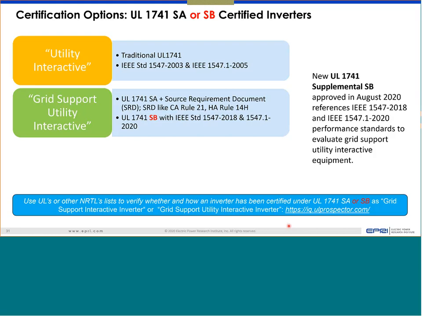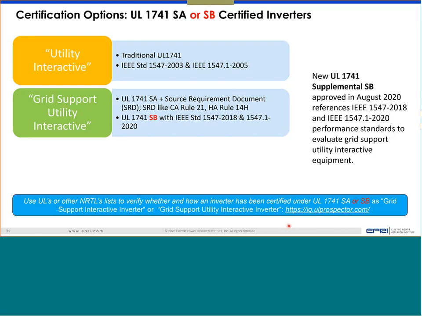And the way you have to use the 1741 SA is that you always have to specify which requirement document this test procedure will be applied against, the source requirement document, commonly known as SRD. For example, 1741 SA plus California Rule 21. So now you know that this product is tested using the SA and the requirements came from Rule 21.